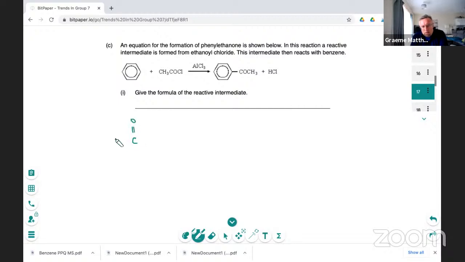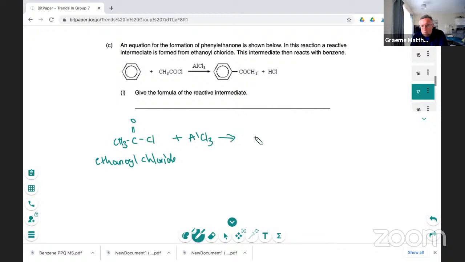So this CH3, C double bond O, Cl. Naming time, two carbons, so this is my ethanoyl chloride. Now I'm going to react it with aluminum chloride, and I think we went over the mechanism of this last time.